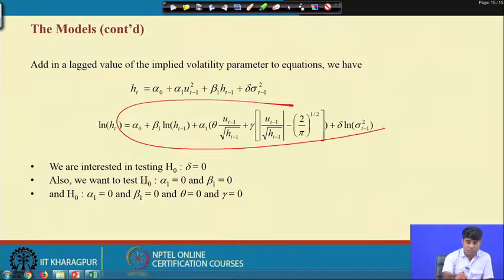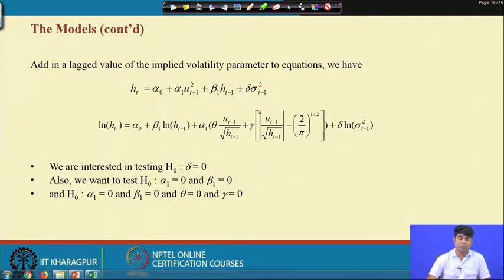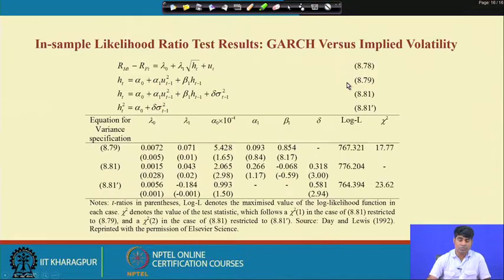Here we set the null hypothesis delta equal to 0, and then alpha 1 equal to 0 and beta 1 equal to 0, and further we have the condition with respect to this model. These are the usual procedure to set the null hypothesis, and then as usual we go by the estimation process, and we can have the following outcome.